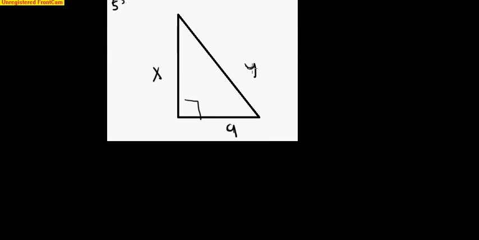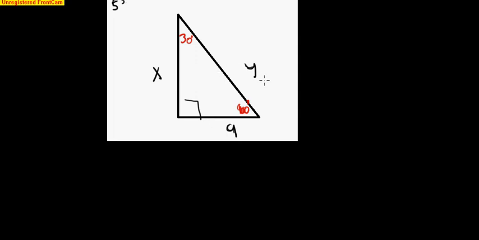The final example we're going to be dealing with, I forgot to draw this in, but it's a right triangle with 30 degrees and 60 degrees. I apologize. So we know that 9 is the shorter leg, x is the height, or the larger leg, and y is the hypotenuse.